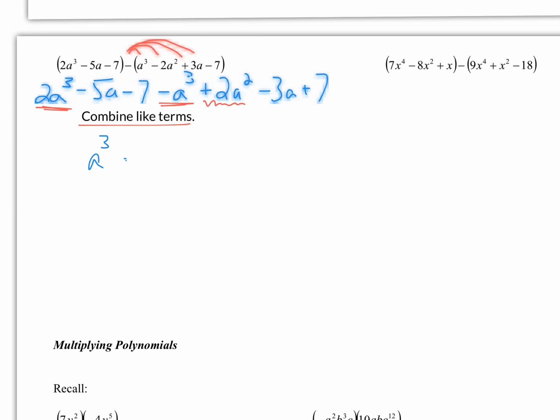So plus the 2a squared. I have, let's see, a negative 5a and a negative 3a, minus 8a. And then I have negative 7 plus 7. That gives me 0, which means this is what I'm left with.